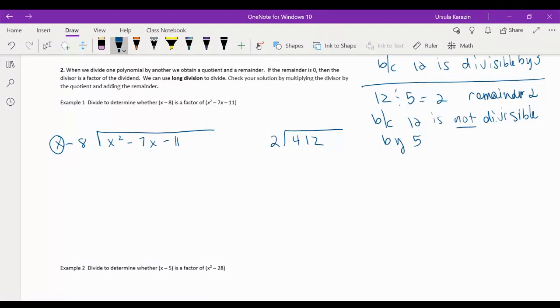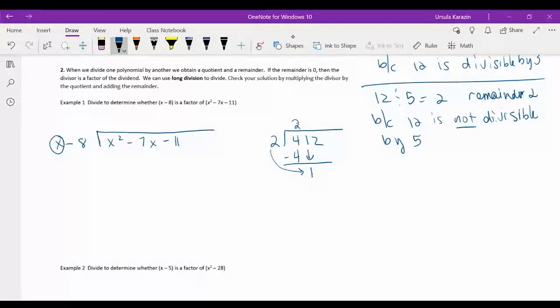Okay, so we would say, all right, how many times does 2 go into 4? It goes in 2 times, so we put a 2 here, and then we multiply the two 2's and put what we get here. Then we draw a line and we subtract. Then we bring down this number and we look to see how many times 2 goes into that 1.